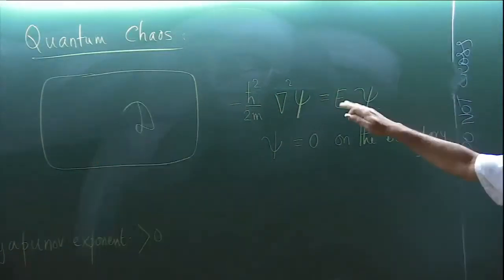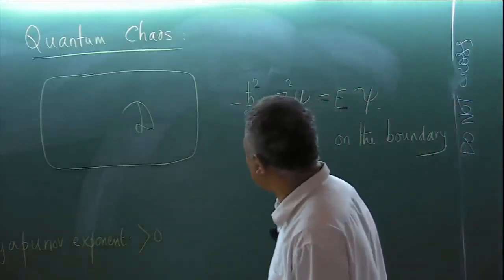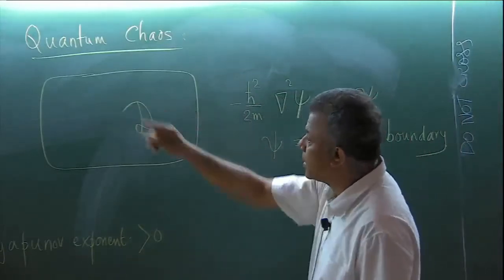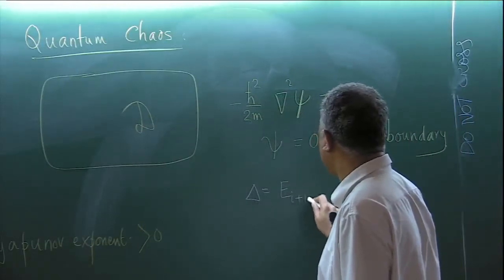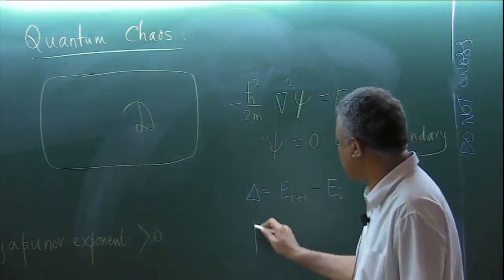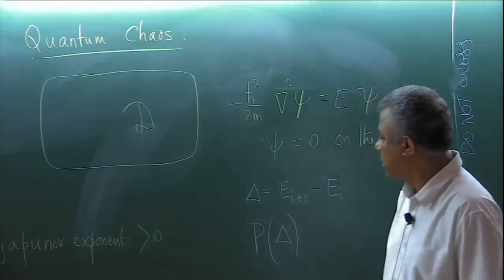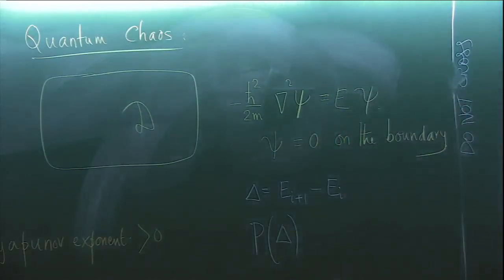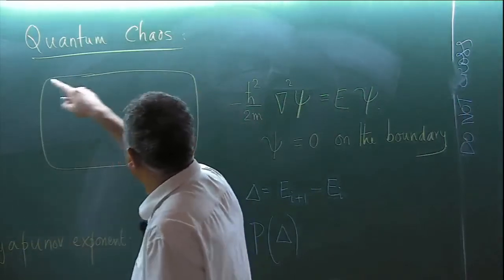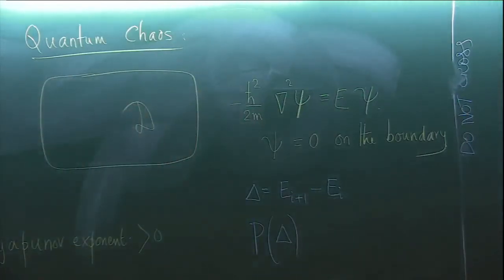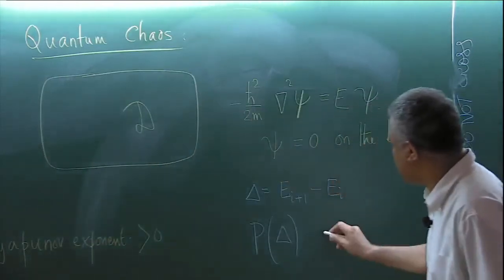So what people did is to look at the spectrum, that is, look at the energy eigenvalues. You solve the Schrodinger equation and look at the separation, precisely this delta I defined, the separation between nearest neighbor eigenvalues. What happens is that if you take the rectangle, for which you know that classically the system is regular, quantum mechanically you find that this is just a Poisson distribution.